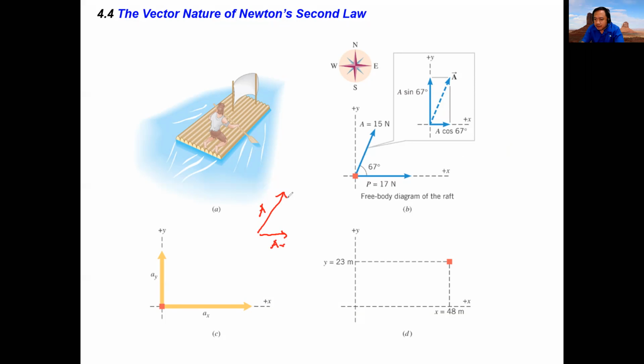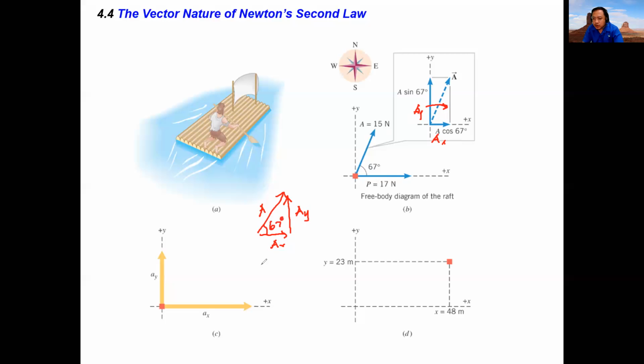Instead of having the AY here, I will draw AY here because I can just transfer it. Here is the AY, and this is the AX. I can transfer the AY to the other side so that it can form a complete triangle, and this is still 67 degrees.